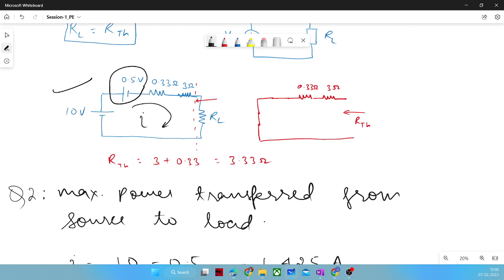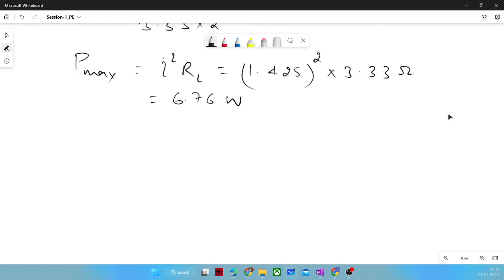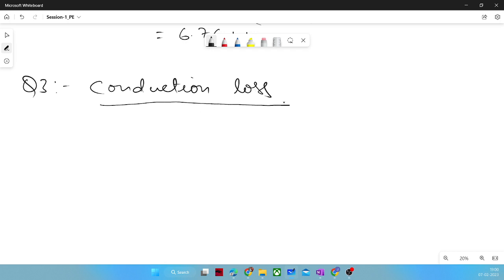Now another very important concept, what will be conduction loss? If anyone remembers the expression of conduction loss that the professor taught in the lecture, we will recall it from this problem, right? So question 3, from the same circuit, we need to find out the conduction loss.